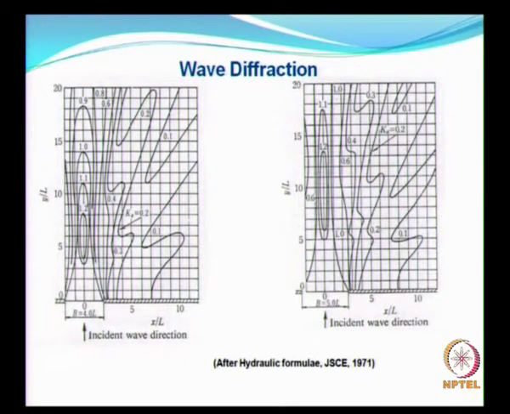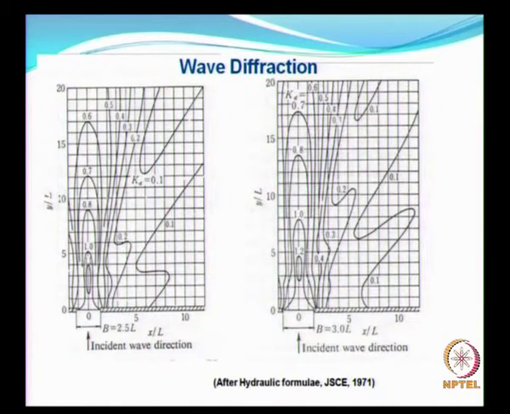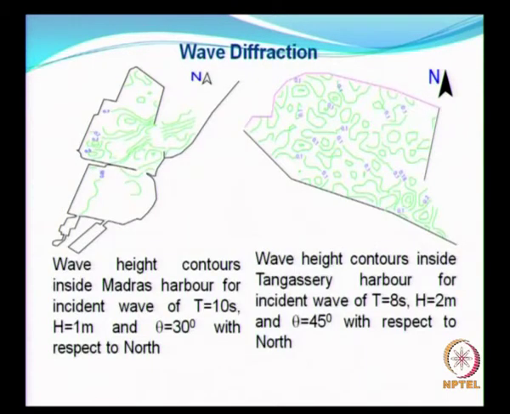What you should do is carefully look at all these results. Once you sit down to understand the lecture, then you will be in a position to appreciate more. So this again is for 2.5 and 3 times the wavelength.